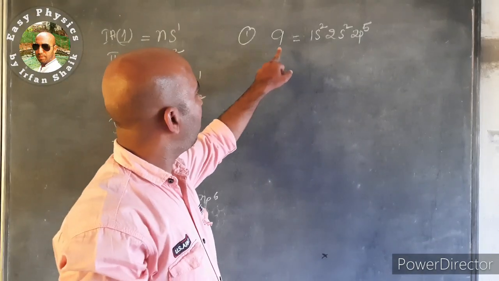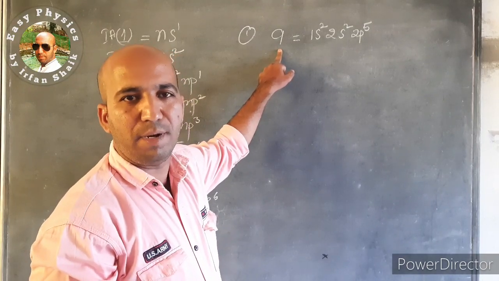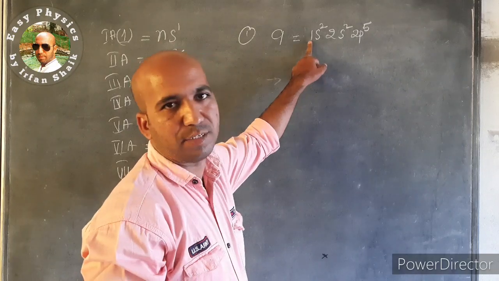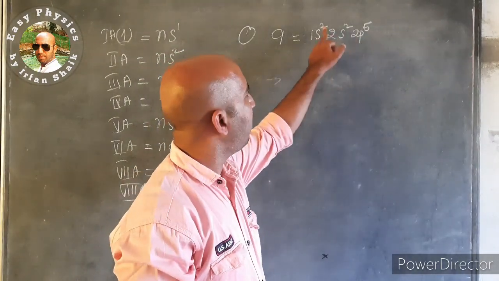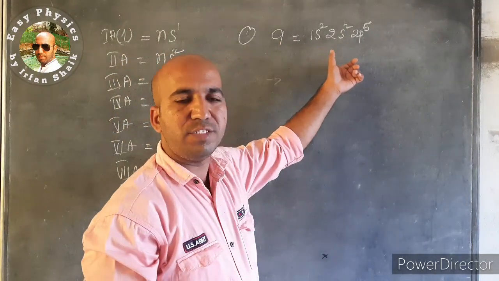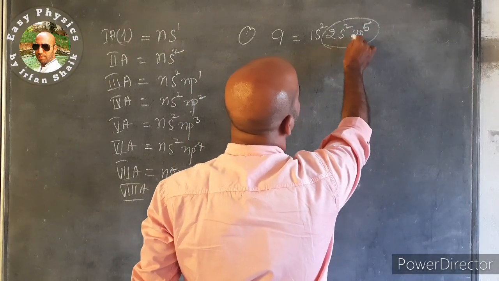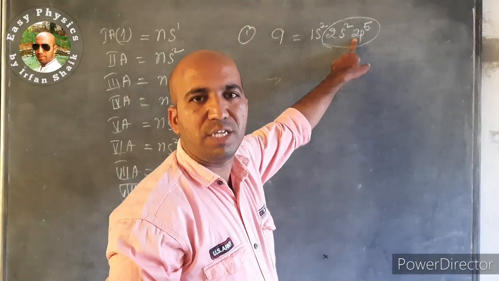There are 9 electrons in the element having atomic number 9, so the electronic configuration will be 1s2, 2s2, 2p5. Now observe carefully what the valence shell is here. The valence shell is 2s2, 2p5, that means the second shell is the valence shell.